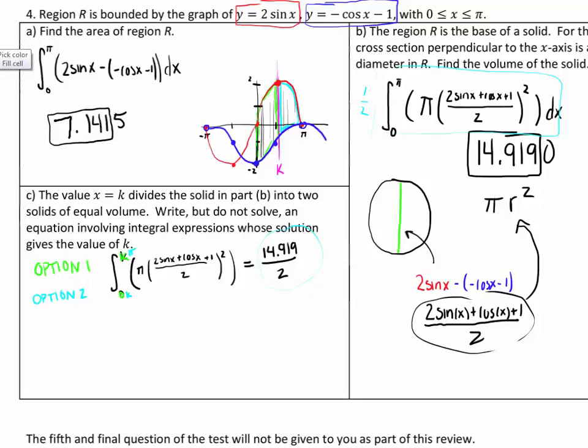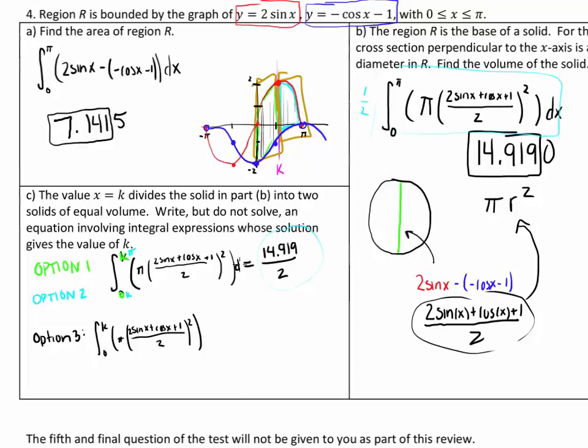Finally, the other way of thinking about it is, let's get a different color here. What you could do is find the volume of this piece equals the volume of that piece. So this is option 3. Option 3 would be this first piece, that green piece, so 0 to K, and then we'd have pi times 2 sine of x plus cosine of x plus 1 over 2, squared.